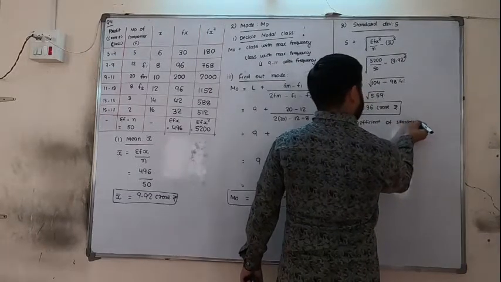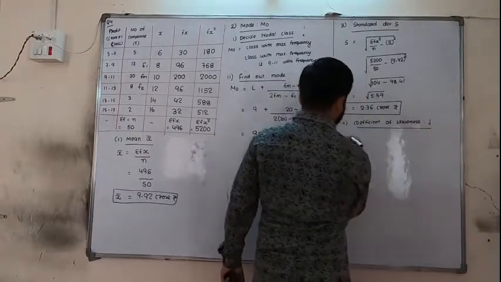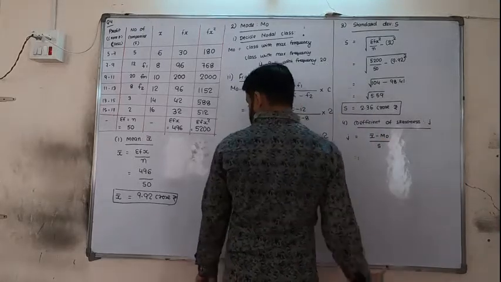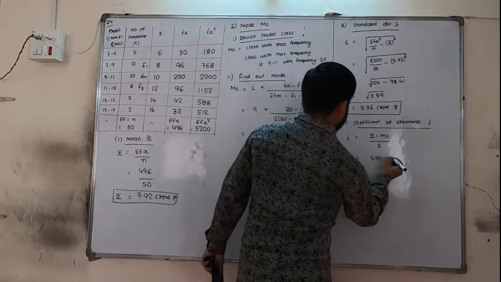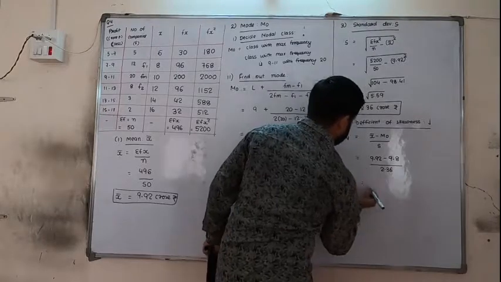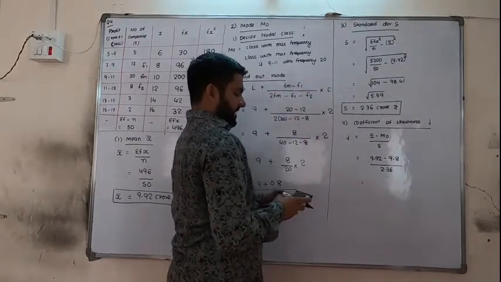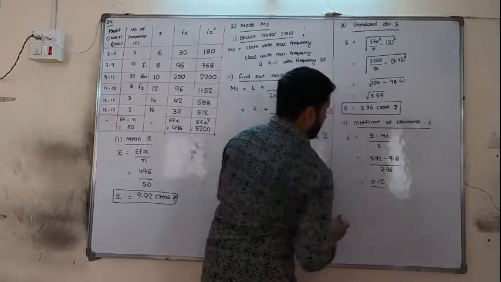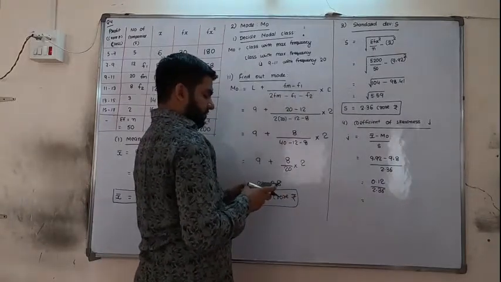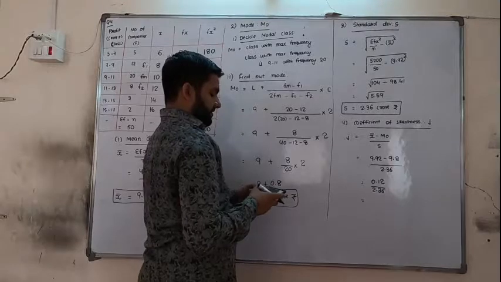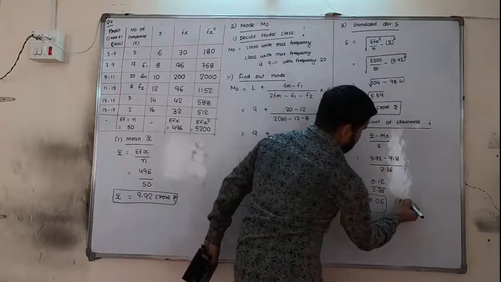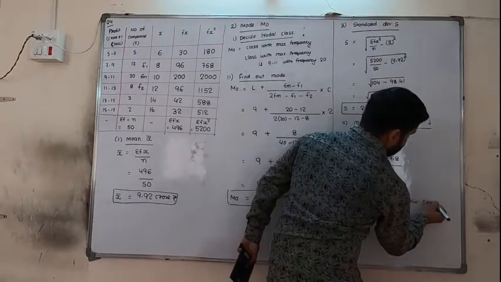Coefficient of skewness, that is J. J is equal to x bar minus MO by S. X bar is 9.92, MO is 9.8, divided by 2.36. 9.92 minus 9.8 is 0.12 upon 2.36, that is 0.05. It is positive skewness.